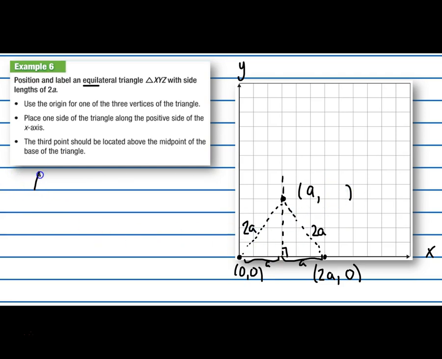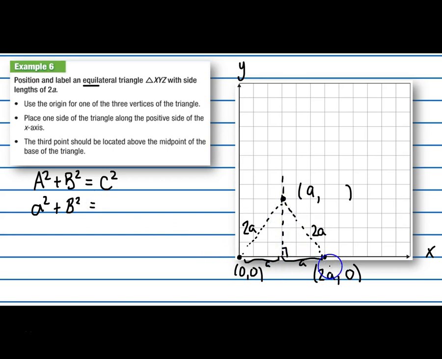I'm going to use a squared plus b squared is equal to c squared. So our a is right here. So now I'm going to switch it to a little a squared. And here is, well, we don't know yet, so we're going to keep it as big B squared is equal to c squared.